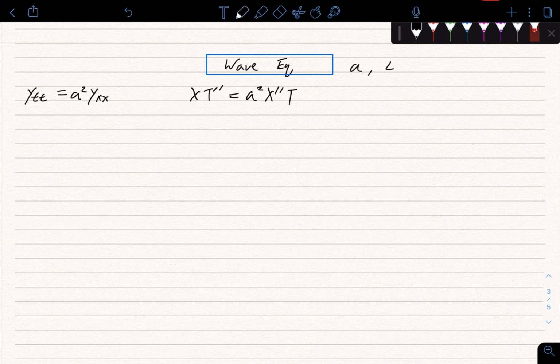Okay, let's get back on track. Rearrange this equation and we'll have X double prime over X equals T double prime over a squared T equals negative lambda. Again, I'm just telling you the trick here: always set that equal to negative lambda where lambda is greater than 0. And whatever the constant is, it always follows the T, not the X.